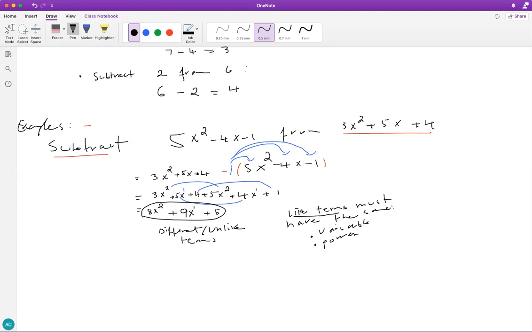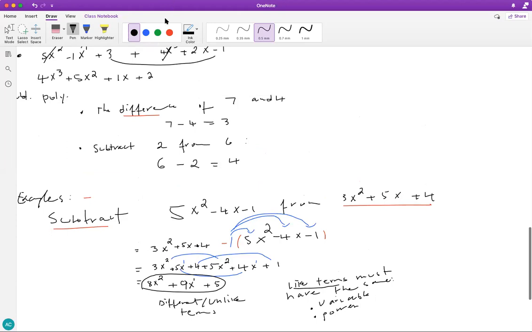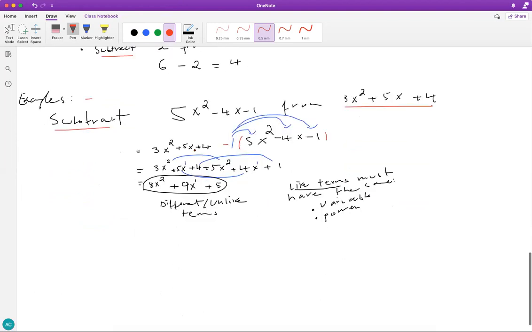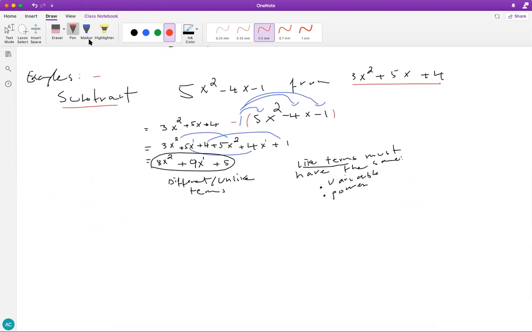Again, remember to set up the order of the subtraction correctly based on the wording of the problem. You may say difference, you may say subtract, you may say other things, so you have to use the correct order of subtraction. Let's do another example here. So let's say, find the difference of, let's say, a couple of polynomials.